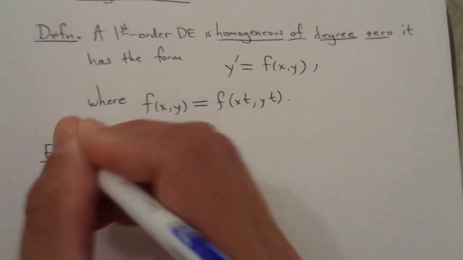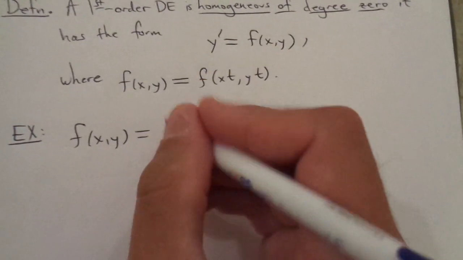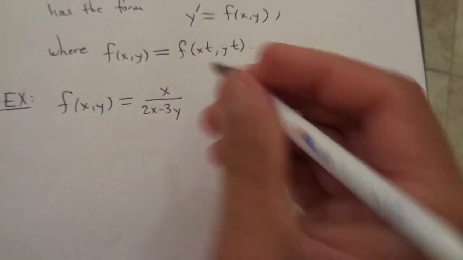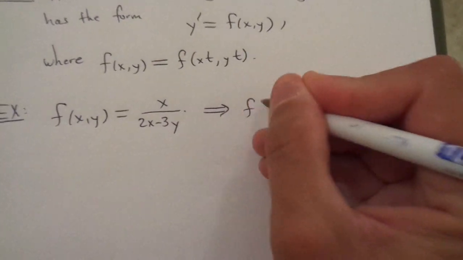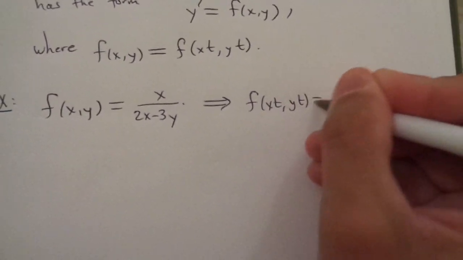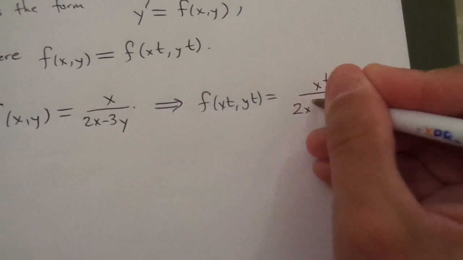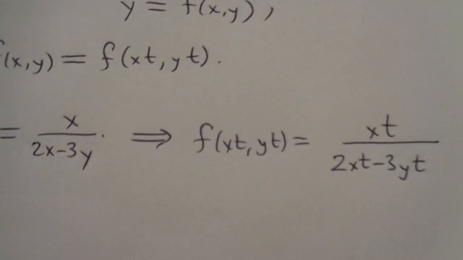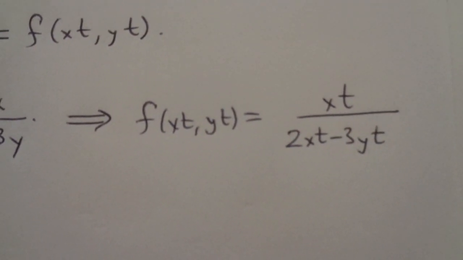So let me just give you a quick example. If you had f of x and y equal to x over 2x minus 3y, okay, then if you took that and everywhere you see an x, you now put xt instead, and everywhere you see a y, you put yt instead. So every x has been changed to xt.